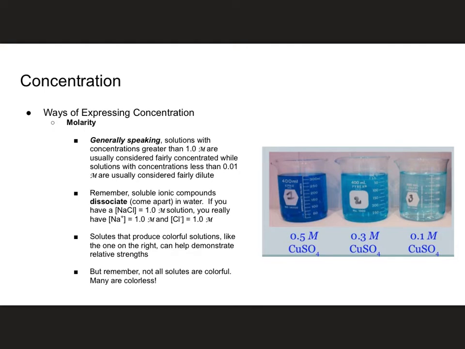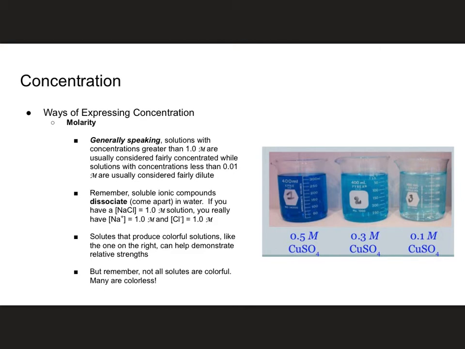That's generally speaking, because certain things could be very concentrated at a smaller number than that, or very dilute at a larger number than 0.01. But if you come across an acid with a concentration of 1 molar, you should be careful with it. It's probably more concentrated than what you might find in the grocery store or even Ace Hardware.